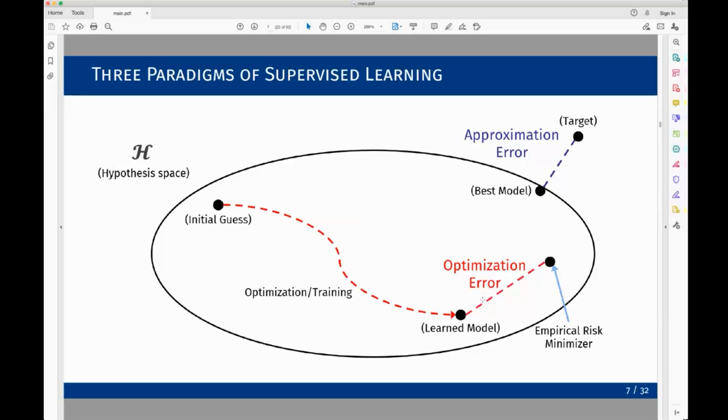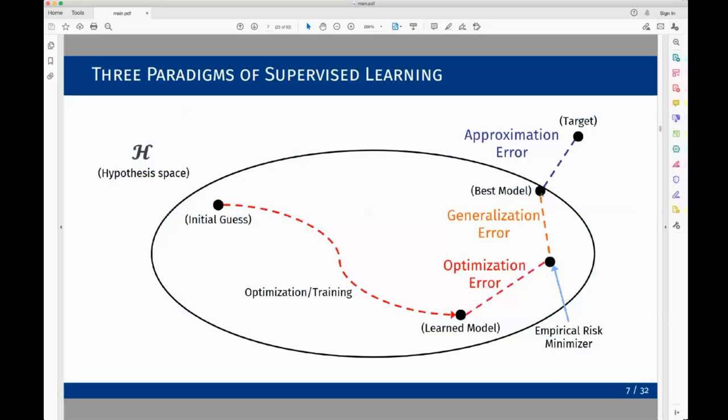That is defined as the distance between our learned model and the model defined by the empirical risk minimizer. Due to the non-convexity of optimization problems, we may not find the exact minimizer of the empirical risk minimization problem. The second is the distance between our minimizer based on empirical risk minimization and the expected risk minimization.